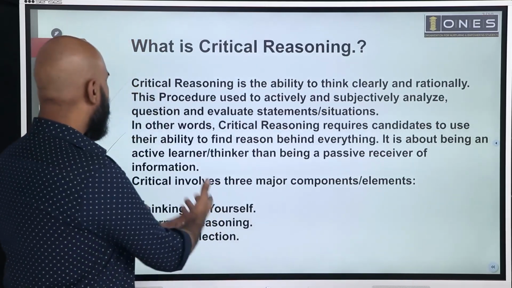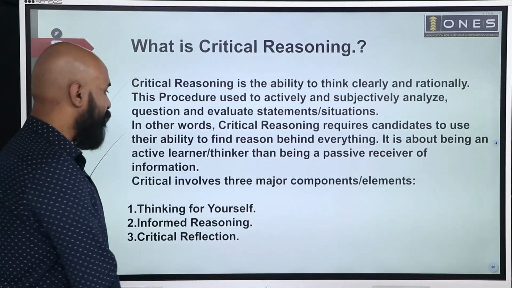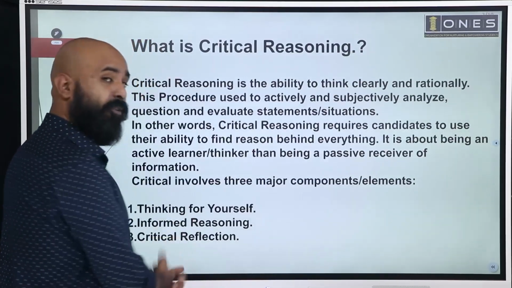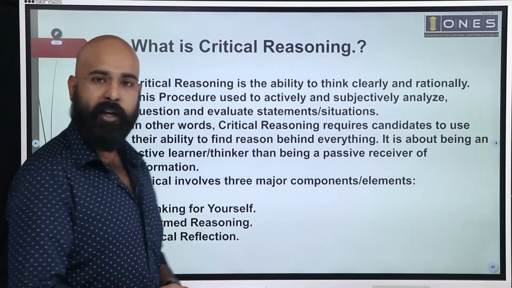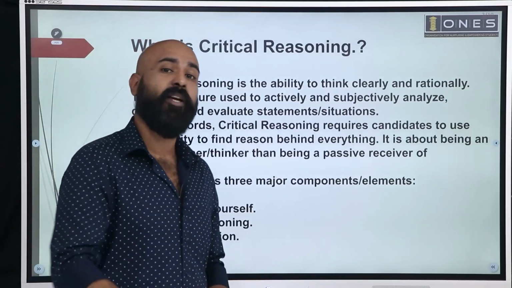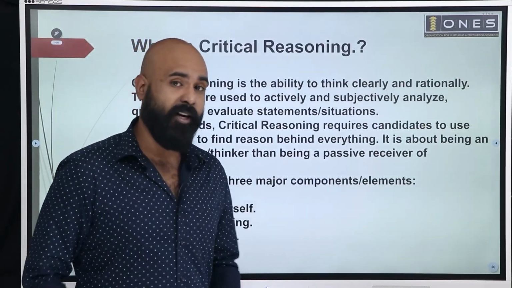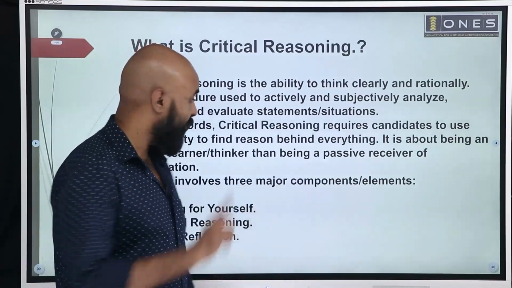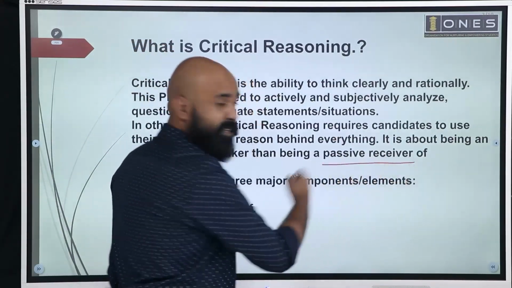Now, critical reasoning or critical thinking involves 3 major components or elements. Number 1, thinking for yourself. Normally, people think based on the situation or the data that is provided for them. In that case, they become a passive receiver. That is the only situation in which they become that passive receiver.